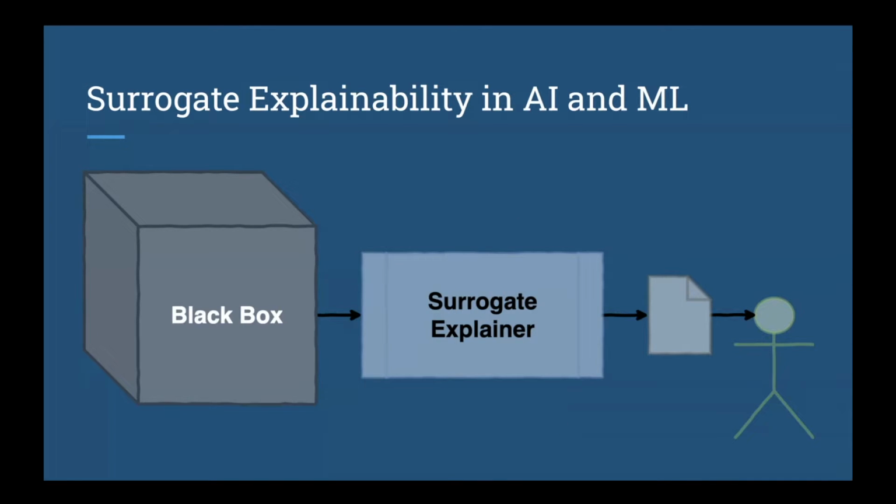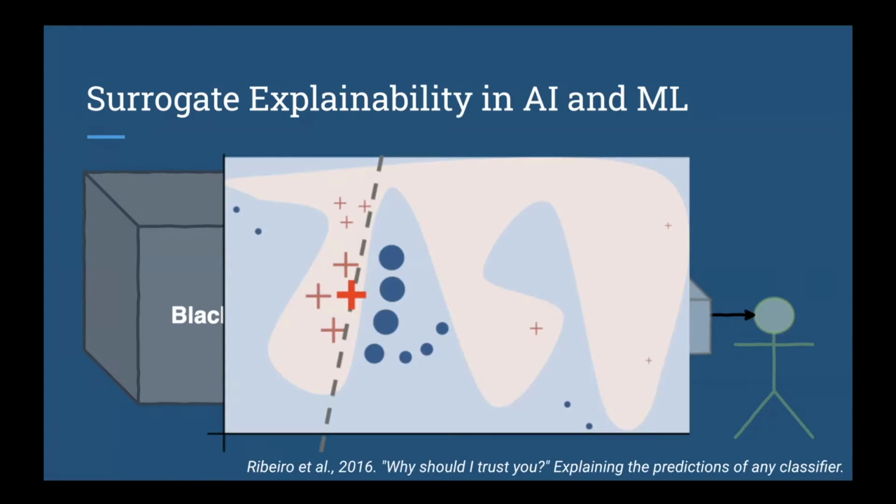Then we plug our surrogate explainer on top of the black box, we generate explanations and we communicate them to humans. So this is the entire pipeline. Ideally, we would have another direction from the human into the surrogate explainer, so that the human explainee can provide feedback and personalize the explanations.